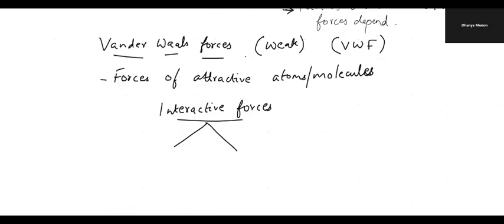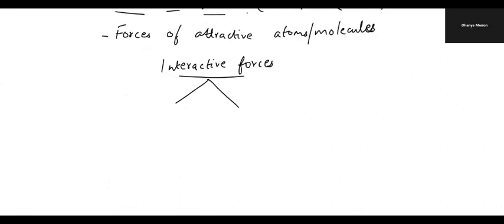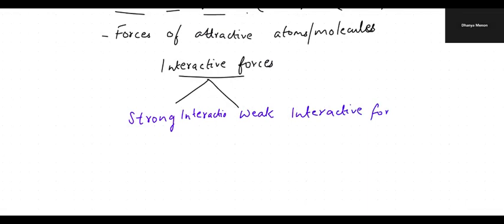One is strong interactive forces, strong interaction may exist, or it can be weak interactive forces. So attractive forces or interactive forces can be of two types, strong interaction or weak interaction forces.